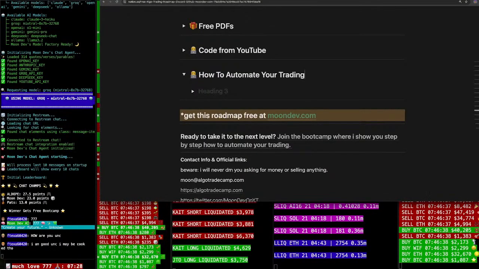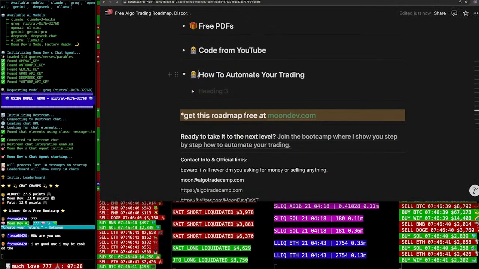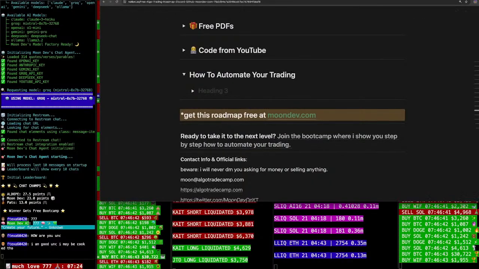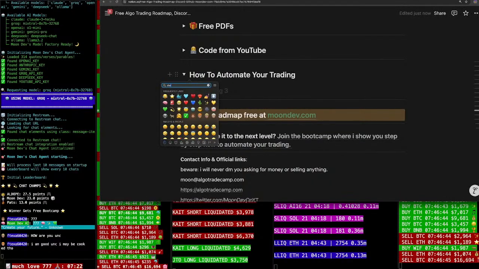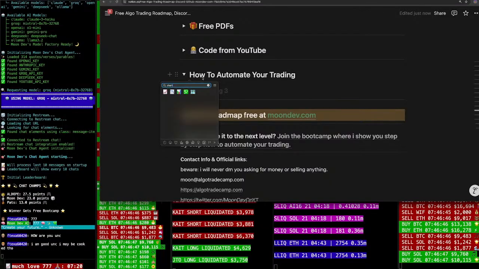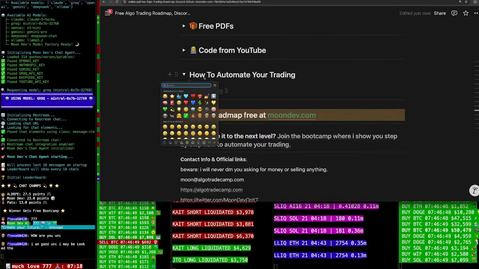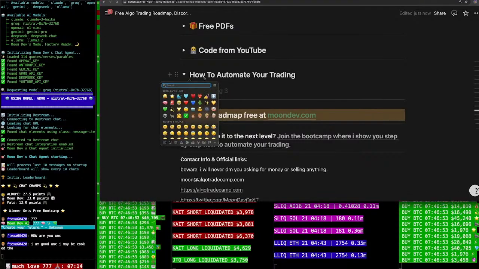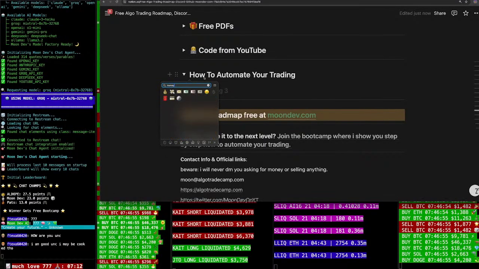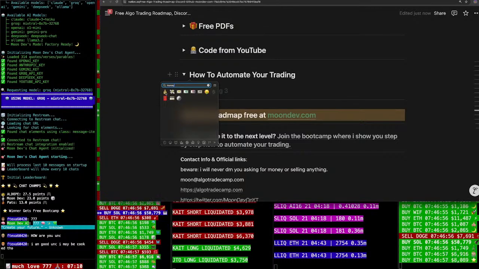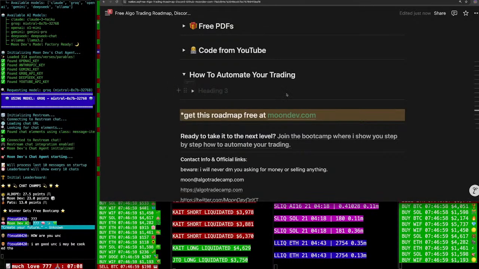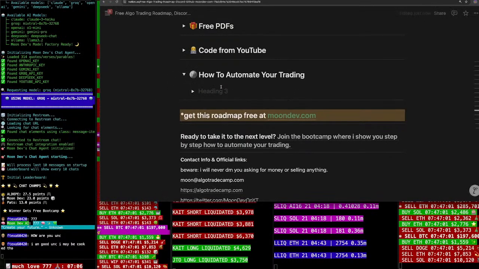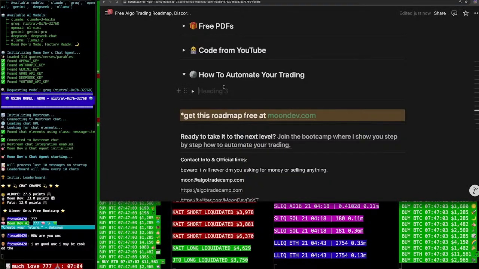And let's put a chart, stock, money. Let's put a moon there. How to automate your trading. Okay.